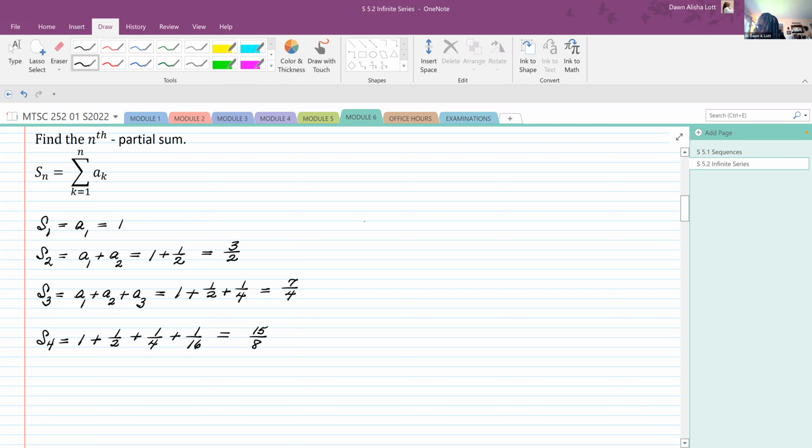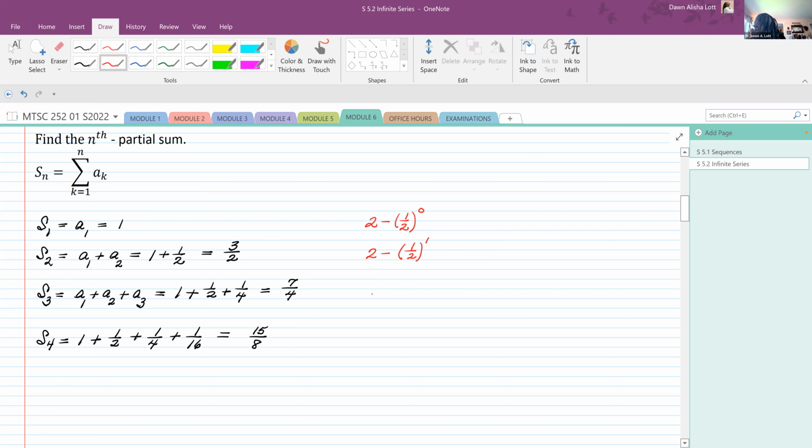S1 I can write as 2 minus 1/2 to the 0 power. S2 I can write as 2 minus, well, I'm subtracting off a half here, so this is subtracting off 1/2 to the first power. 2 minus a half is 3/2.